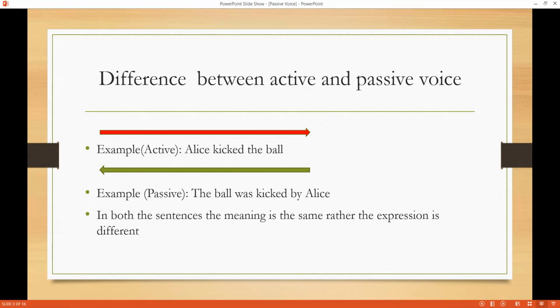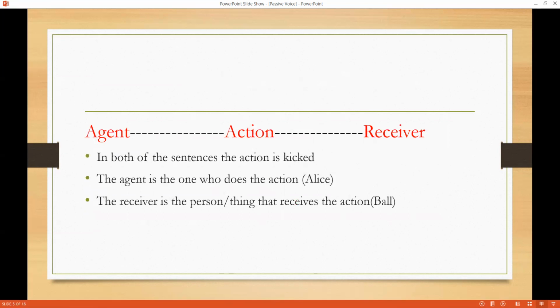We are going to split these sentences into 3 parts called the agent, the action, and the receiver. I'll explain to you what these mean. Let's start with the action. In both of the sentences, the action is kicked. So the basic verb is kicked.